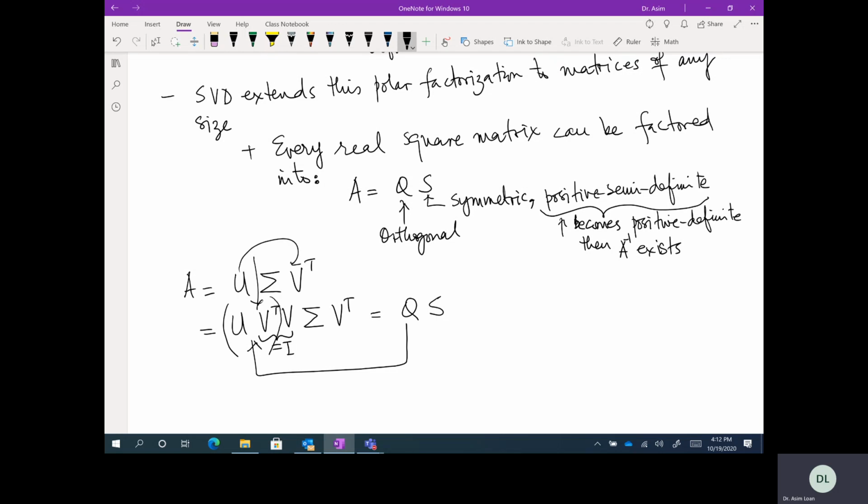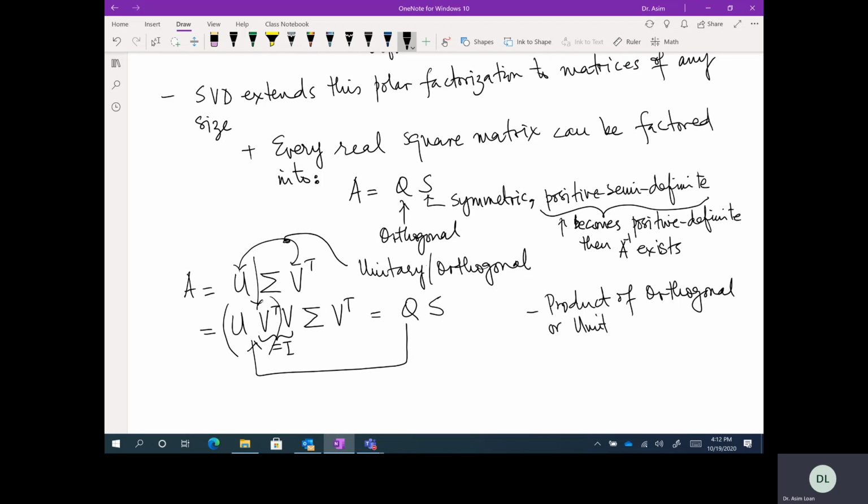Since U and V are both unitary or orthogonal matrices, the product of orthogonal or unitary matrices is orthogonal or unitary.